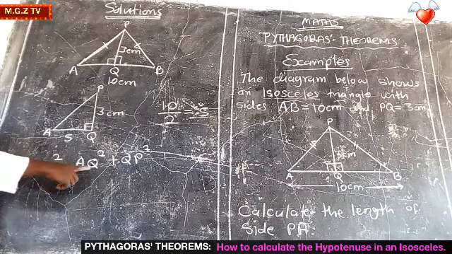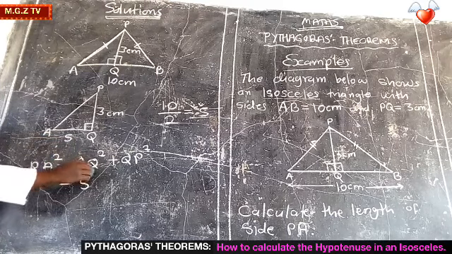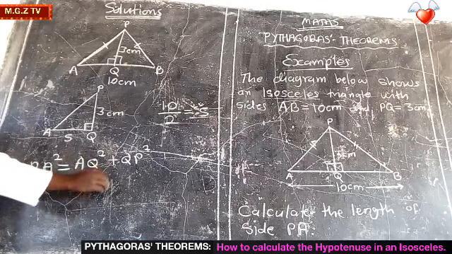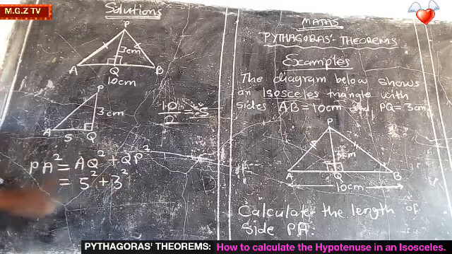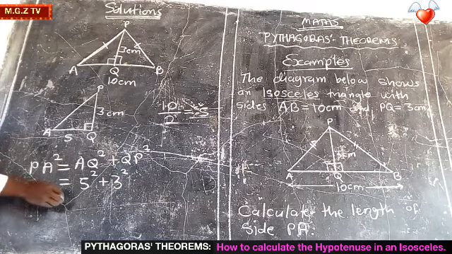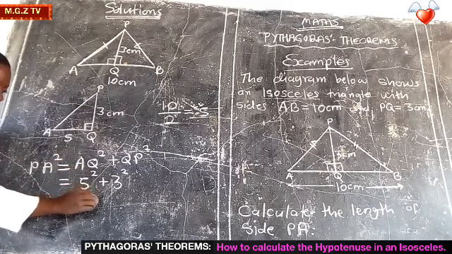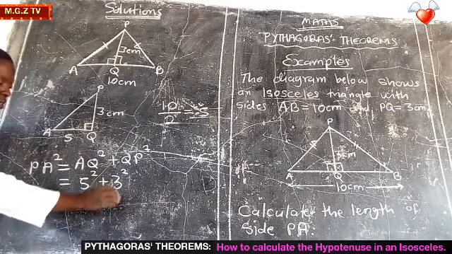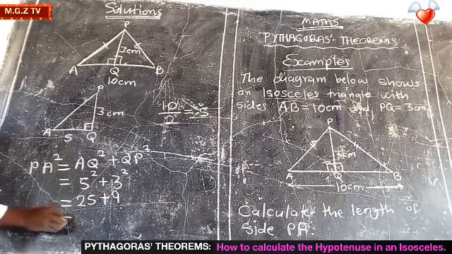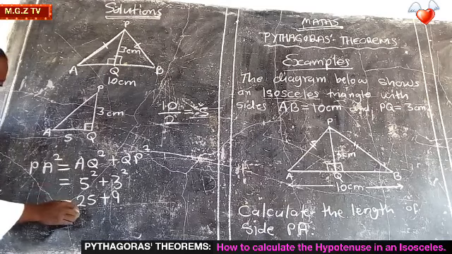Substitute. For AQ, we have 5. So there you put 5 power 2. Then you plus for QP, we have 3 power 2. What to do next? 5 power 2, 25. Plus 3 power 2, 9. When you add 25 plus 9, 34.